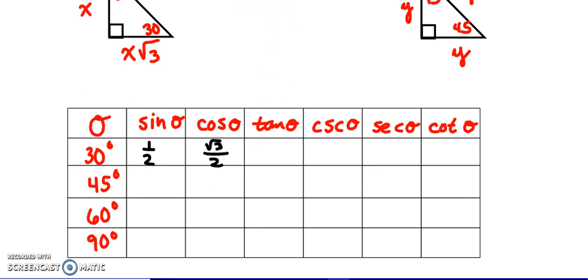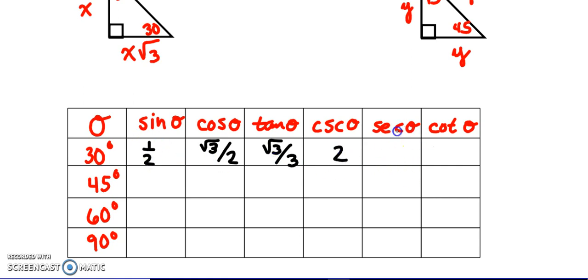Sorry, the first one is 1/2 for sine of 30. For cosine, that is square root of 3 over 2. For tangent, it's square root of 3 over 3. For cosecant, flipping that is 2.